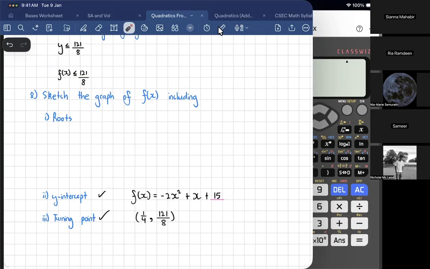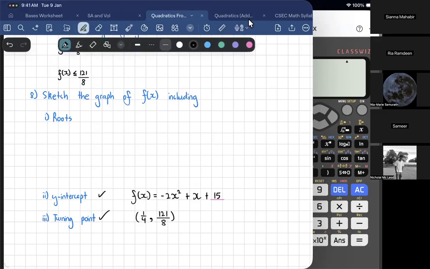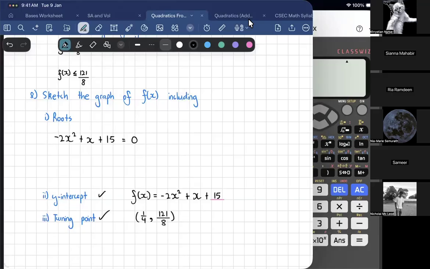Another way of writing y is f of x. And so you see this thing over here? We could actually write the quadratic as minus 2x squared plus x plus 15, and I'll put it equal to what? Since I'm trying to find the roots, I'll put the whole thing equal to 0, because I'm trying to figure out the values for x that give me a y value of 0.